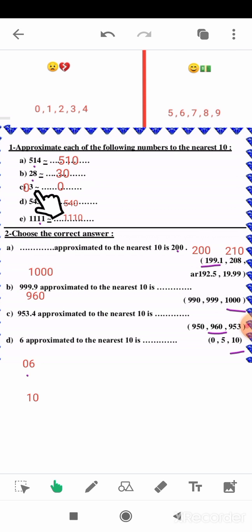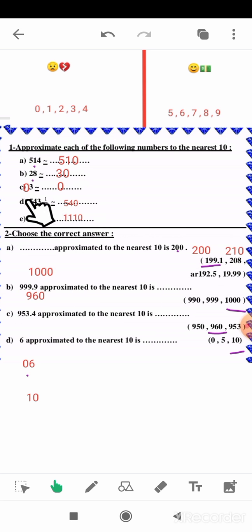In this example, we have 3 alone. So I put 0 here to make it tens and units. Tens is 0 and units is 3. 3 is a poor number, so it will be approximated to 0. Here I have 543 and a quarter.